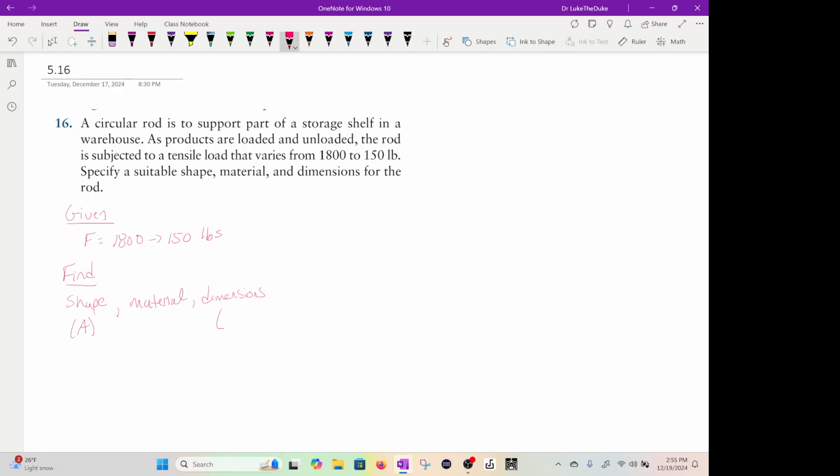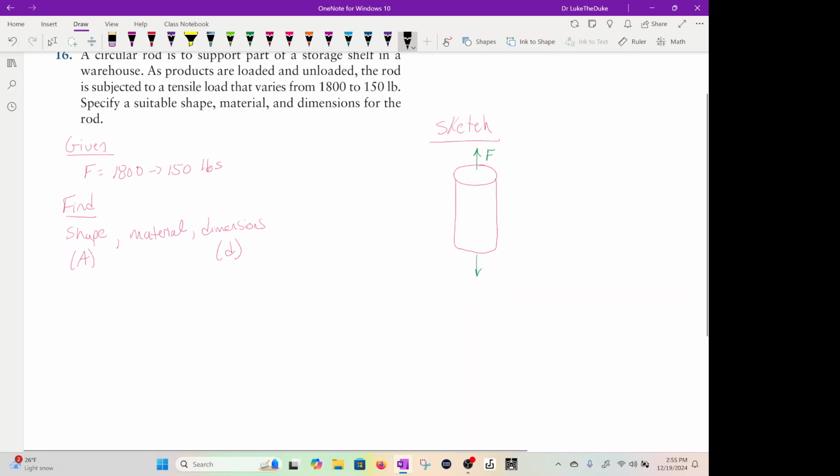So we'll look for D. Okay, here's a sketch. And then we have tension. This is F. And let's get to the solution.